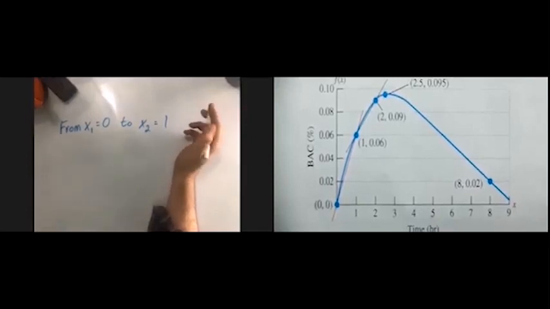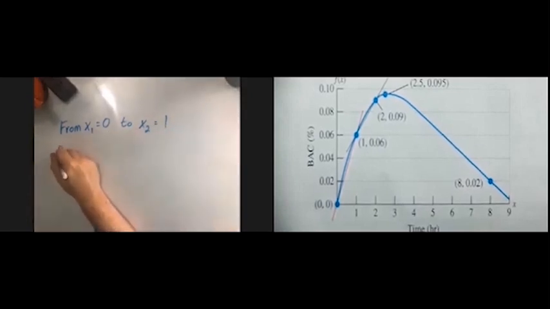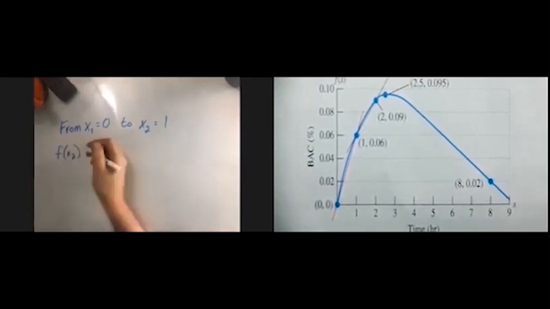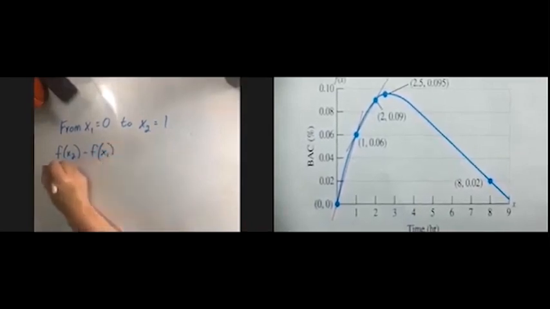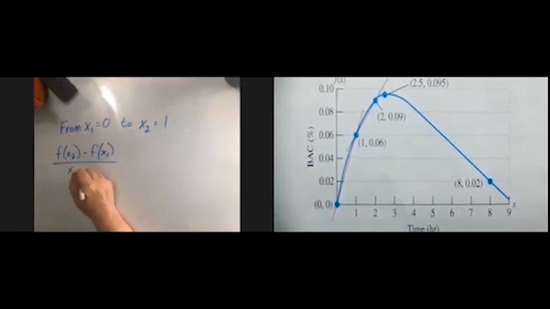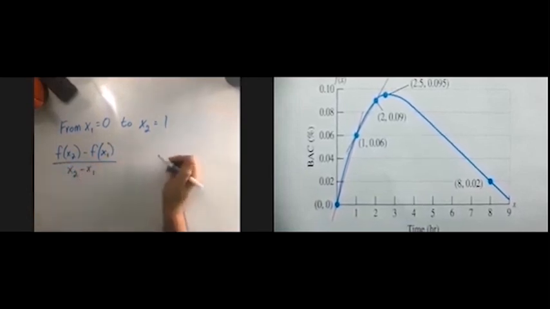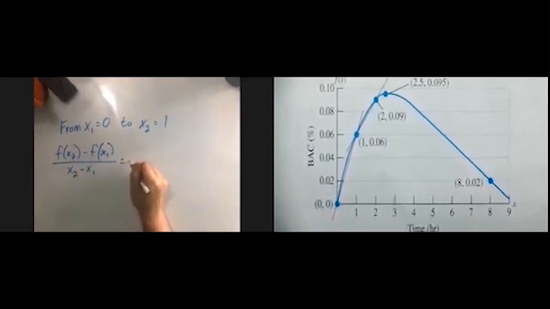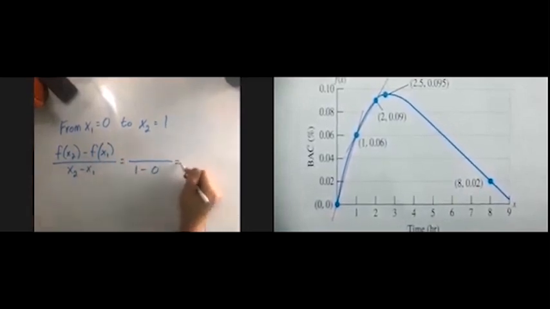So our formula is just the slope formula, but instead of y2, we're going to call it f of x2, and instead of y1, we're going to call it f of x1, over x2 minus x1. Bottom part's easy. That's 1 minus 0. That's 1.